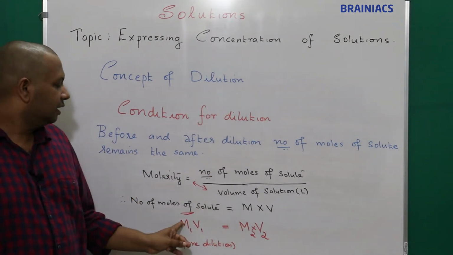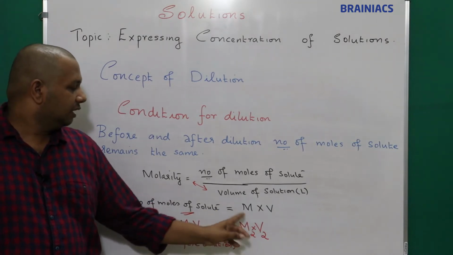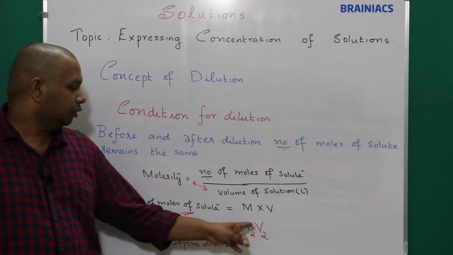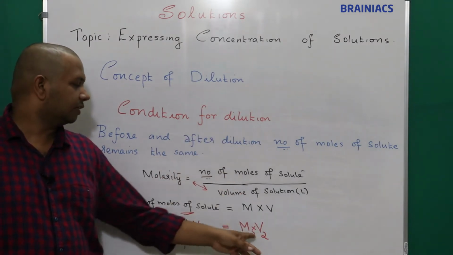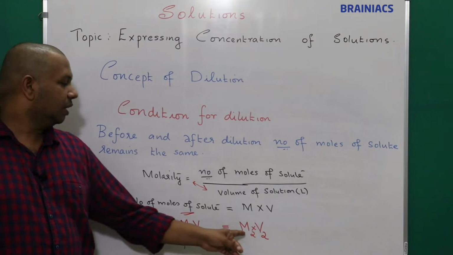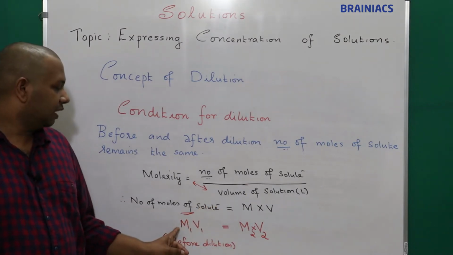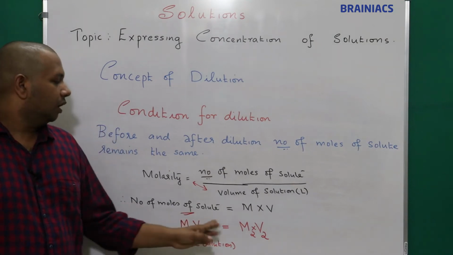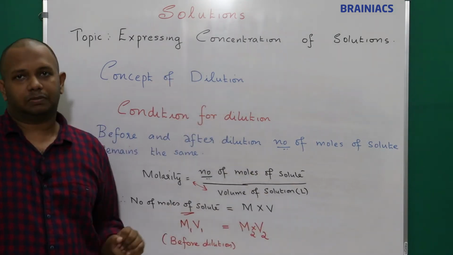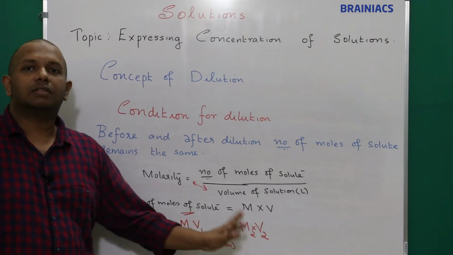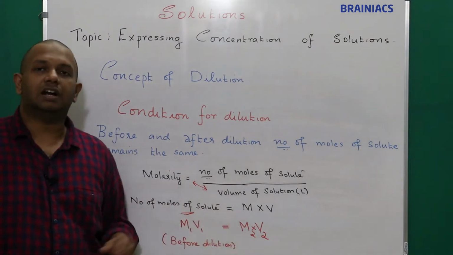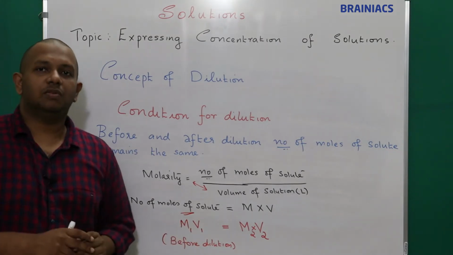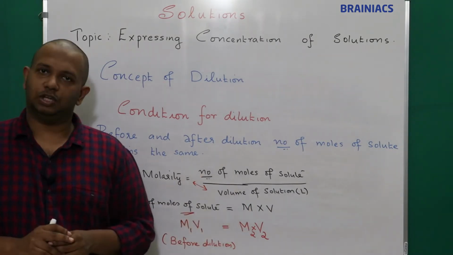So V1 is less compared to V2, while M1 is higher and M2 is lower, because V2 has gone up and the product always remains the same. This is how we derive the condition for dilution. So during dilution, M1 V1 is equal to M2 V2.